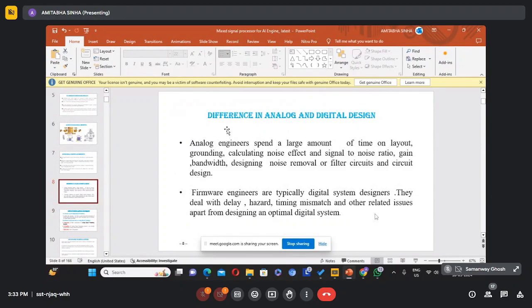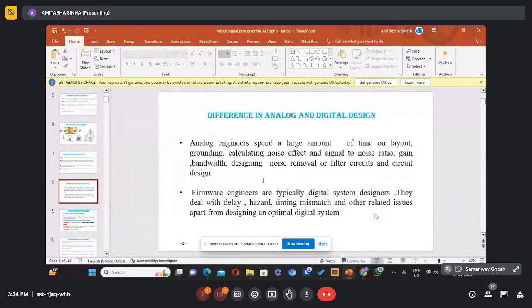Now, the difference between analog and digital design is also very important. When we are thinking of designing mixed signal circuits, we must understand the underlying differences between analog circuits and digital circuits, and that will translate to the changes in analog design and digital design.